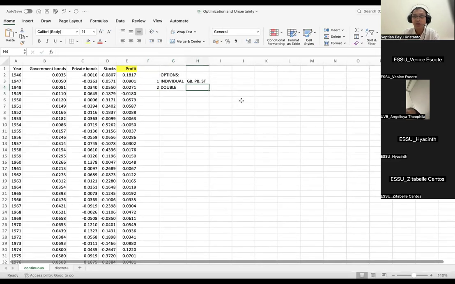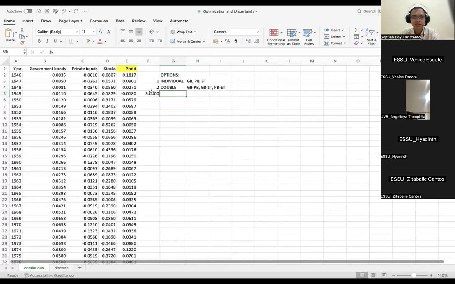If we want to compare government bonds and private bonds, government bonds and stock, and also private bonds and stock, these are the combinations. So we have three combinations, and with the singles we have six options. So where is the optimal? We need to do this analysis.